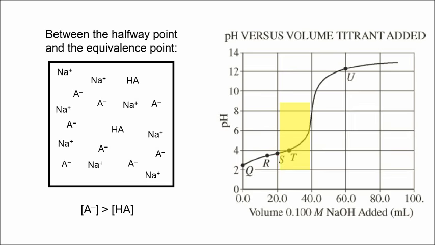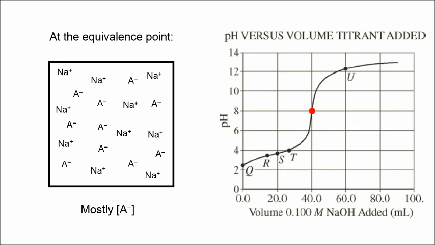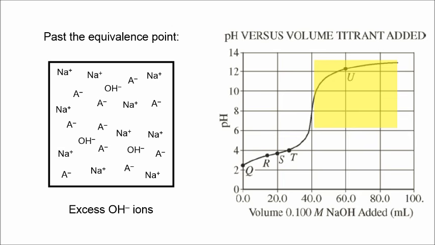In this region, after the halfway point but before the equivalence point, there's going to be a greater concentration of A minus than HA. And when we actually reach the equivalence point, there's just mostly A minus in solution. And then beyond the equivalence point, we now have some excess hydroxide ions.